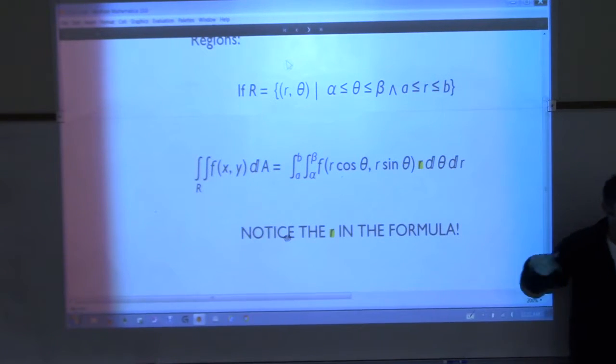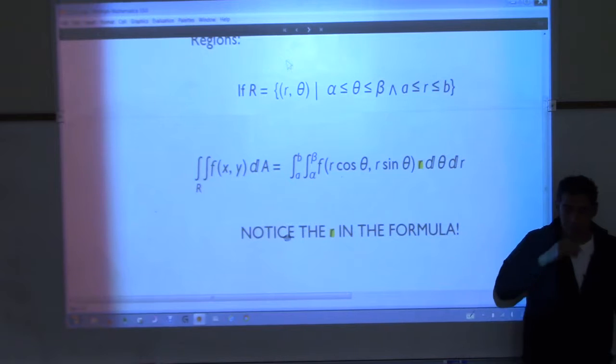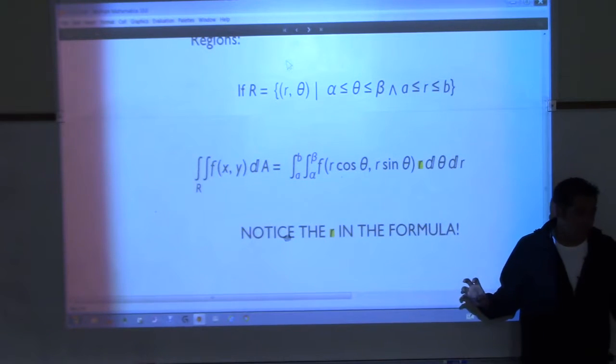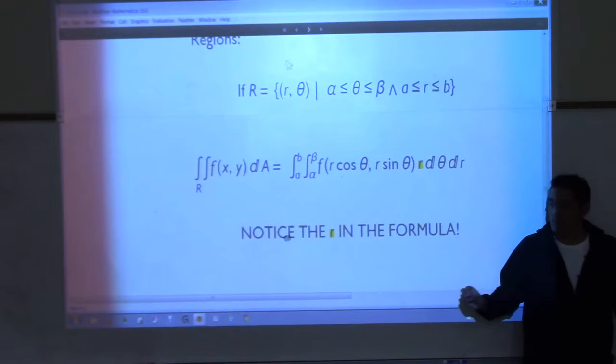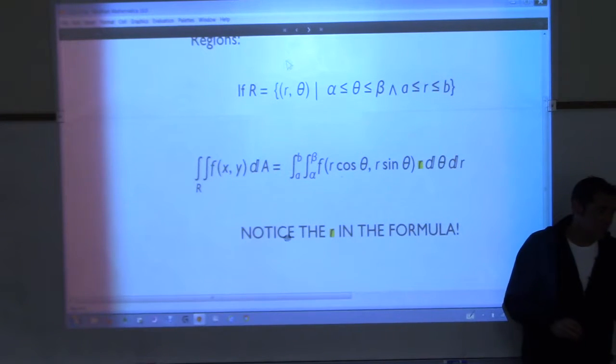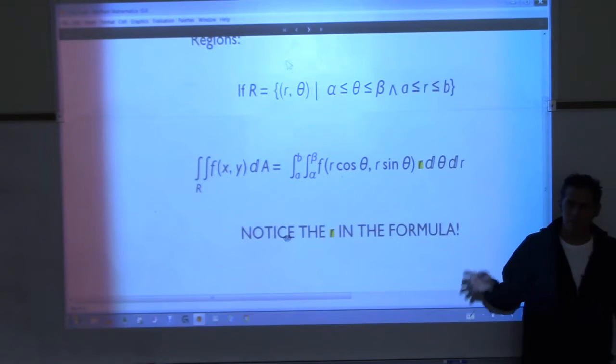Now, later on, as we progress through this class, especially when we get to triple integrals, we're going to go from Cartesian coordinates to cylindrical coordinates, and we're also going to go from Cartesian to spherical coordinates. And we're also going to do something where you just change the variables, which is basically a conversion from one system to another.